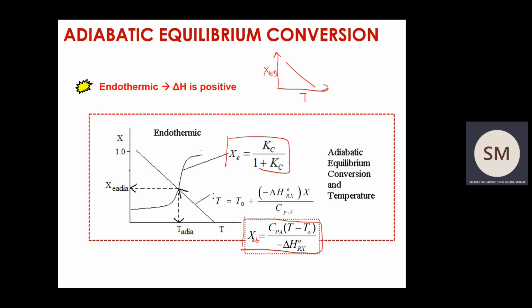Okay, so to get the value of T, you have to vary the X. The one that I told you, we have T, we have X_EB, and then we have X_E.